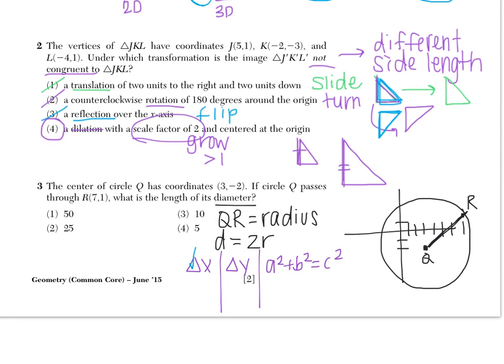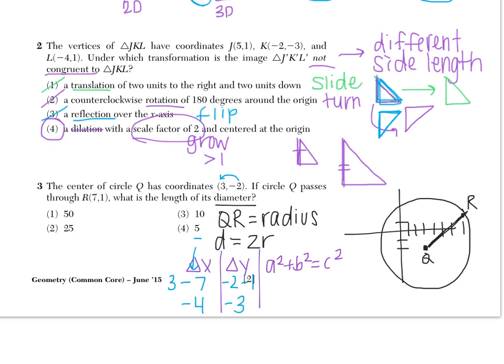So change in x, delta x, means to subtract x values. I'm going to start with 3 from Q and take away 7 from R. 3 take away 7 is -4. Because I started with 3, I now have to start with -2, the y value that matches with the 3. So -2 take away 1 is -3.